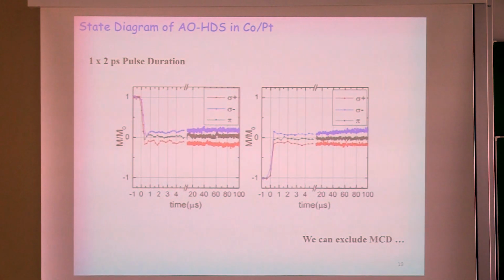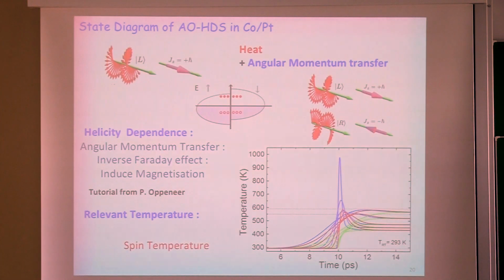So from those measurements on this cobalt platinum, where we tried to optimize the number of pulses, we believe that we are favoring this explanation of the laser bringing heat such that the spin temperature reaches a temperature close to the ordering temperature.